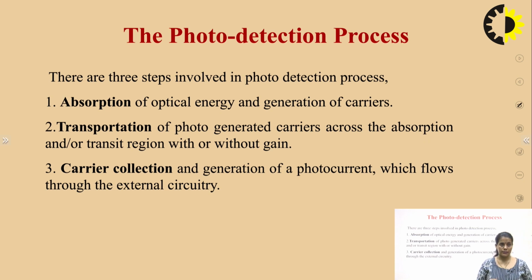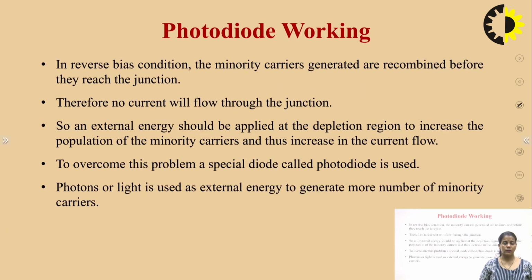When the carriers get transported, they move from one place to other and lead to the creation of current. Through the external circuit, this current flows. This is how the absorption of photons gets converted into electrical energy, into the current flow. This is the main process of photodiode.